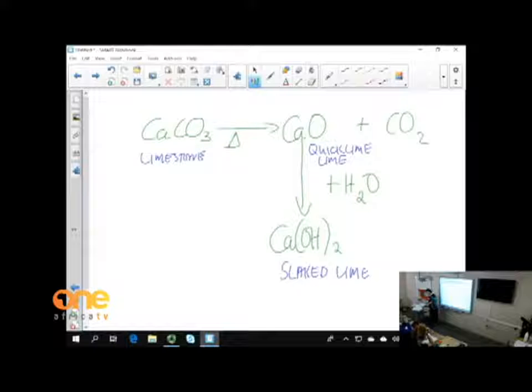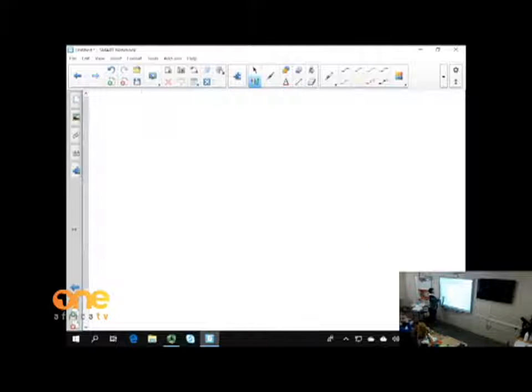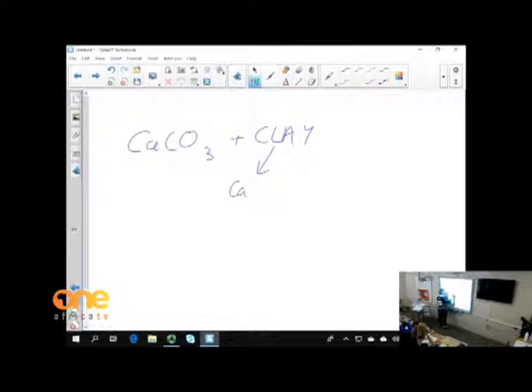They say the main use nowadays for limestone is to make cement. All right, now it's heated with clay. How do we make cement? Limestone, calcium carbonate, is heated with clay. Clay consists of calcium and aluminium silicate.